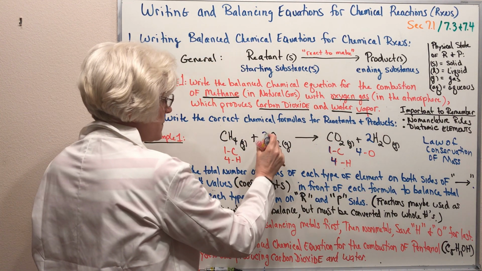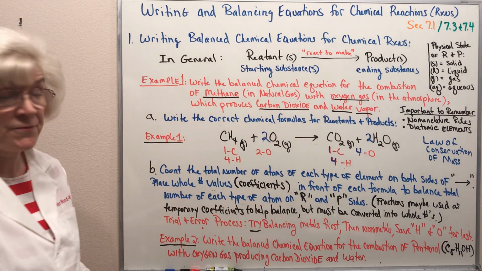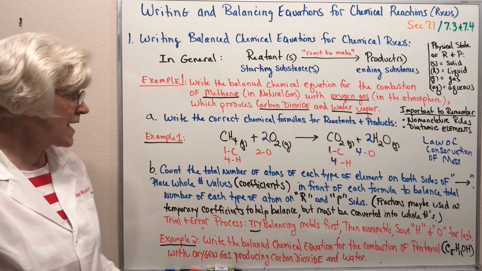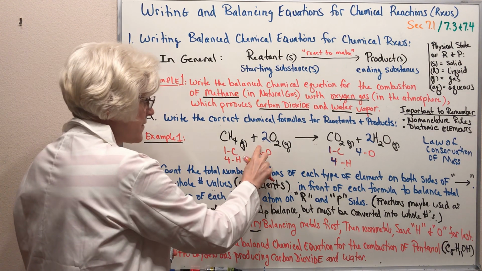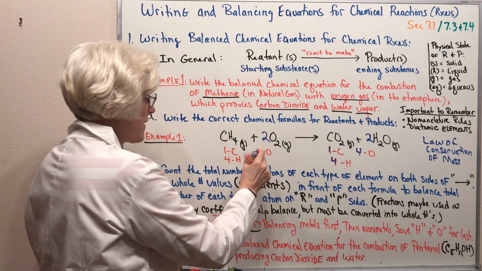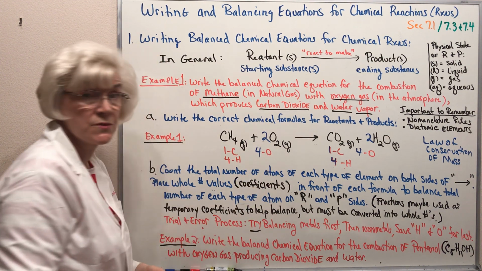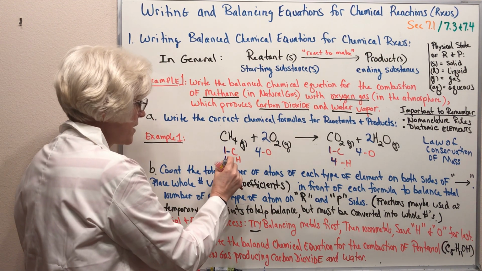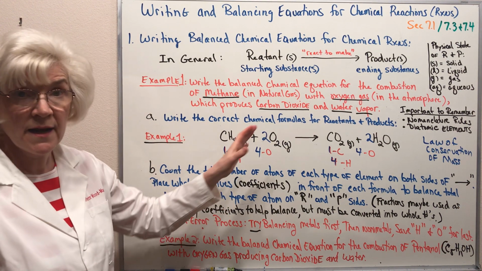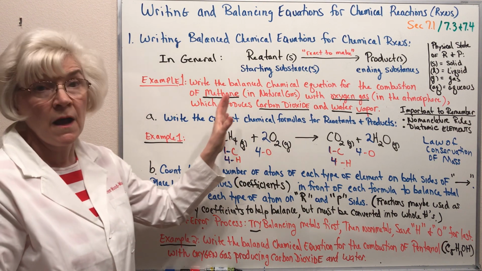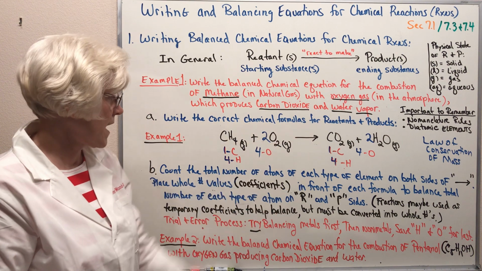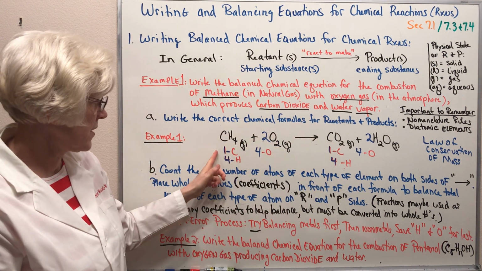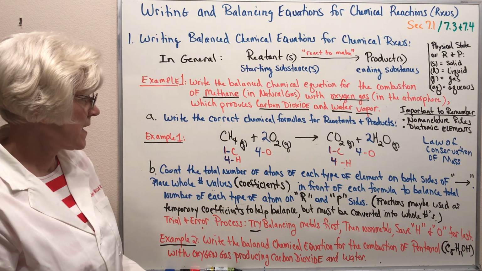So I am going to put a whole number coefficient 2 in front of the oxygen on the reactant side. And now this changes the total number of oxygen atoms to 4. So looking at my total count here to check that I have equal numbers of all types of atoms on both sides of the arrow, I see I have 1 carbon on each side of the arrow.